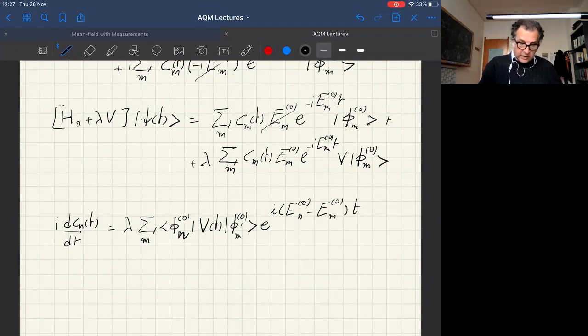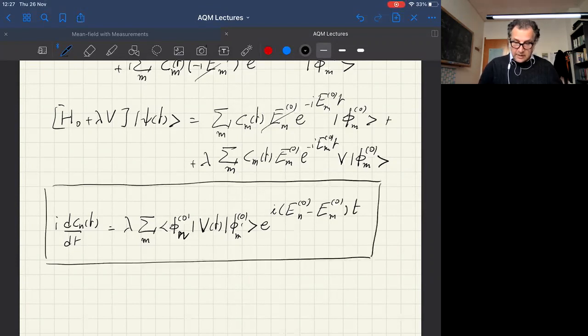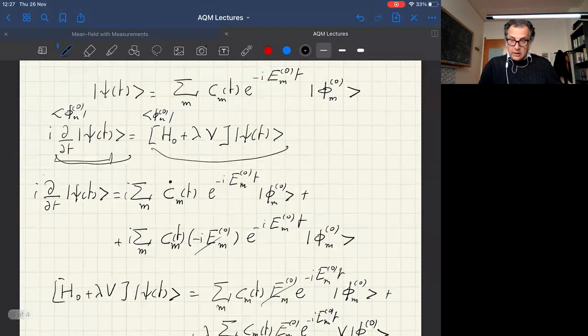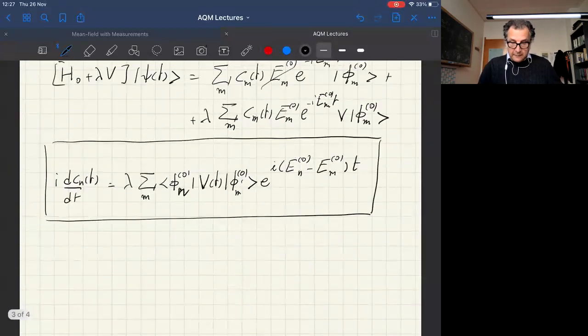Okay, so this is nothing else than the Schrodinger equation, projected on this, using this as a basis. Up to now I did nothing rather than rewriting the Schrodinger equation in terms of the coefficient Cn, because I just use psi of t as a function of this coefficient.